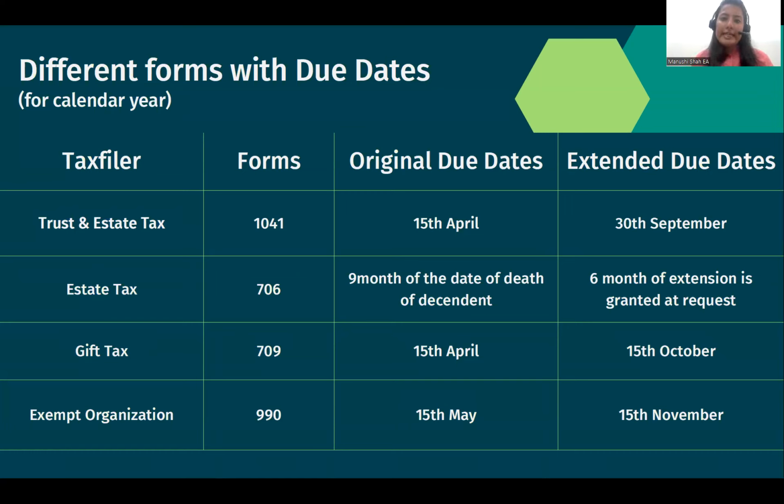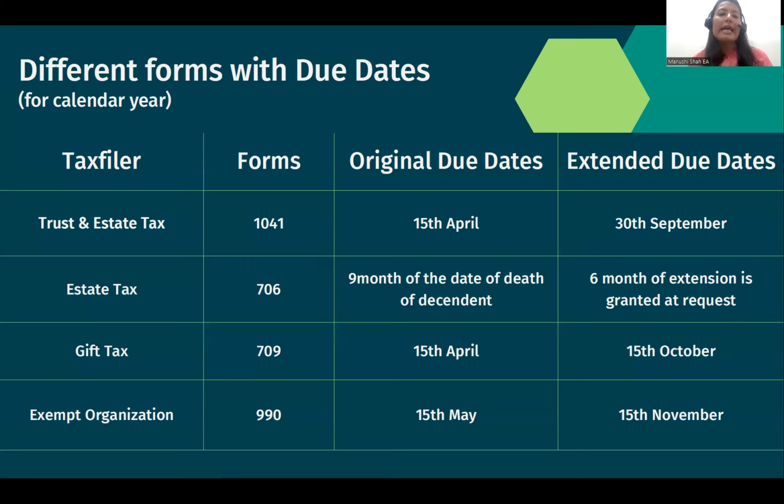In case of estate tax, we have form 706 and the due date is 9 months from the date of death. So basically this estate tax will be filed once a person has died, and after death, the respective executor or the legal heir or the beneficiary or surviving spouse will file this estate tax return, right?